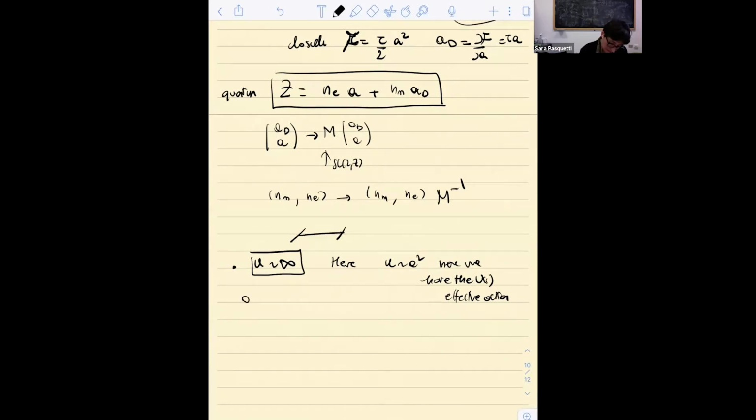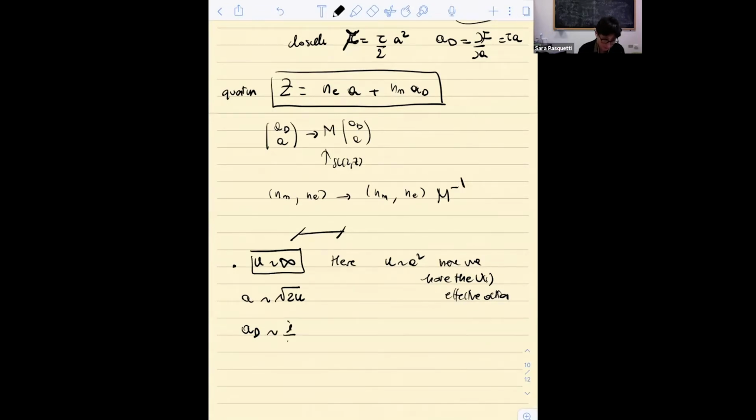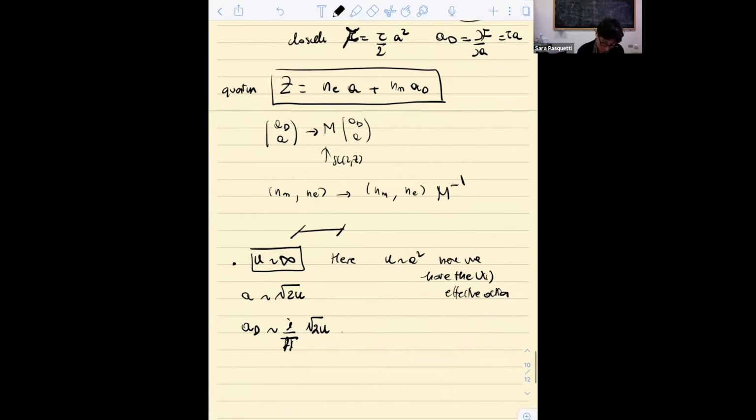Here A is roughly the square root of 2U, and A dual, which is the derivative of the prepotential, is roughly i over pi, replacing A with the square root of 2U.